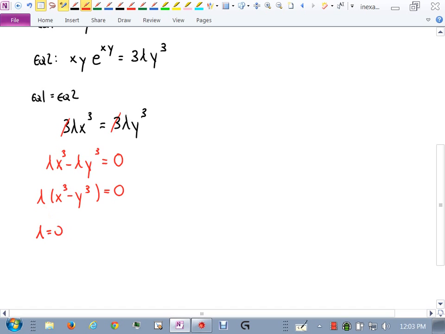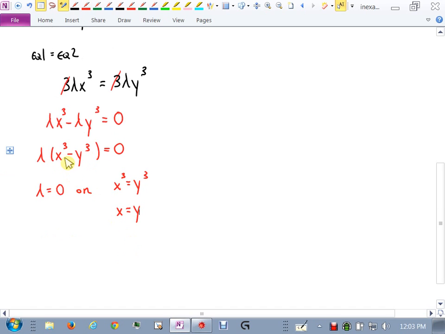So you get lambda equals 0, or what? x cubed minus y cubed equals 0, which means that x cubed equals y cubed, which means that x must equal y, cube rooting both sides. I set this right here equal to 0 and got this. Then here.